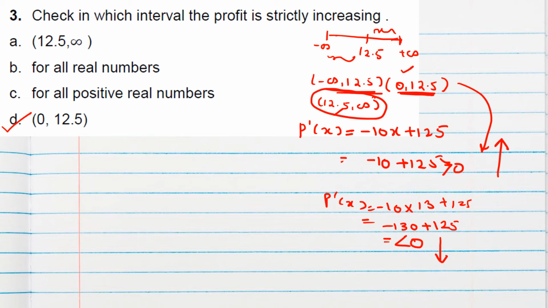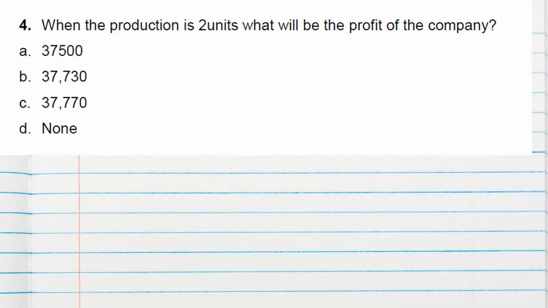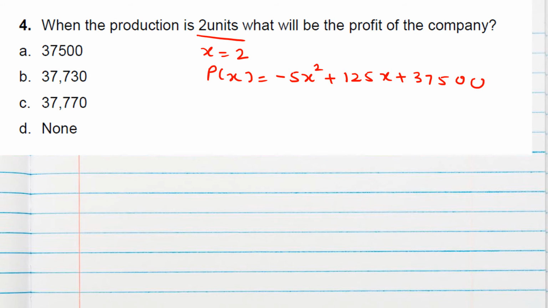Now moving to the next question. Question is, when the production is 2 units, what will be the profit of the company? Production is 2 units. That means x value is 2. So profit of the company, that means P of x we should find: minus 5x square plus 125x plus 37500. Here x value we should put 2.